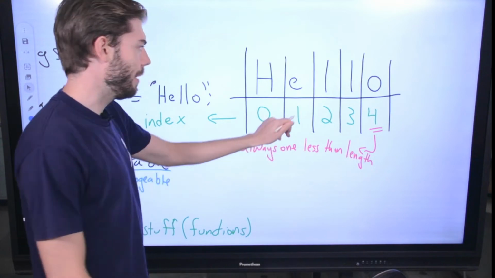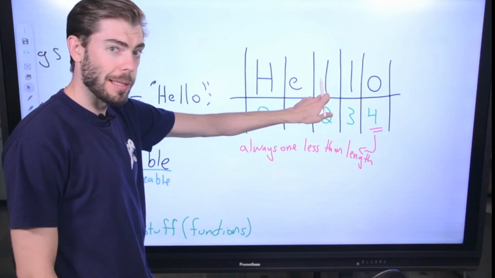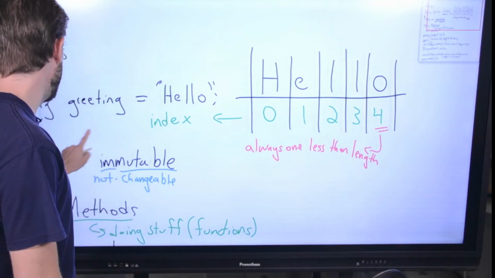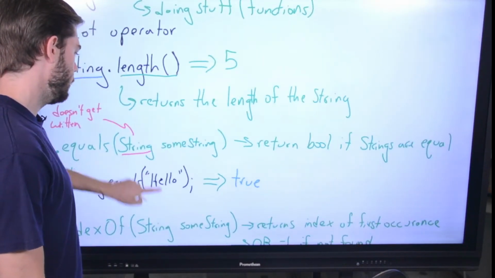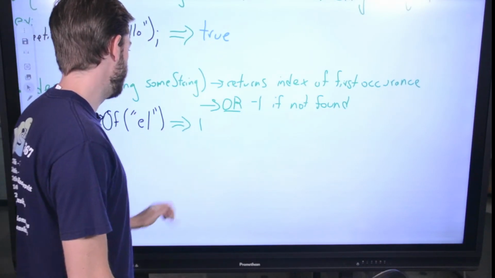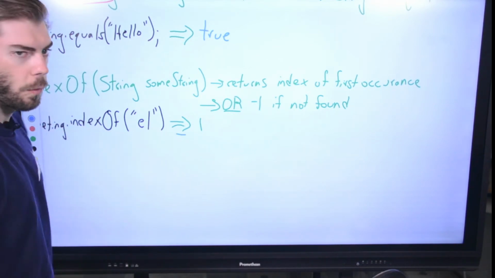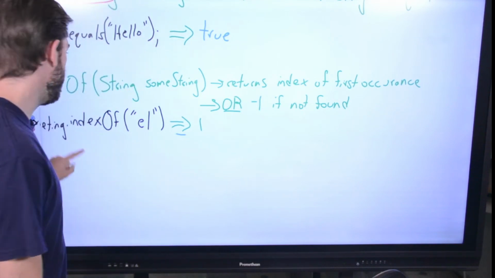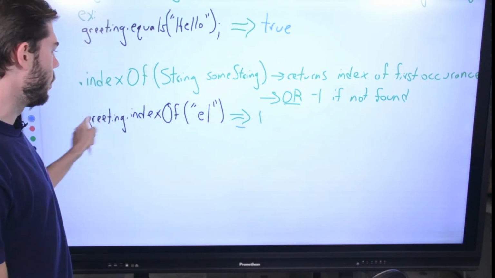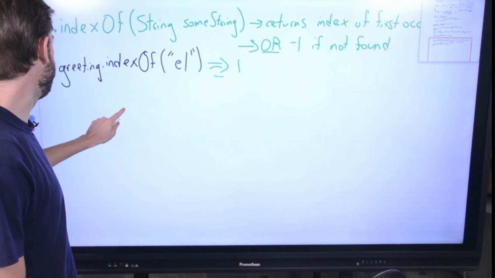So it's going to return the index of the first character that it found in that sequence that matched my search sequence. So it's going to return 1. This double arrow is going to become my shorthand for return values. I think that's an easy way to signify return values. So this is going to return 1 for us, the index of EL in our greeting.